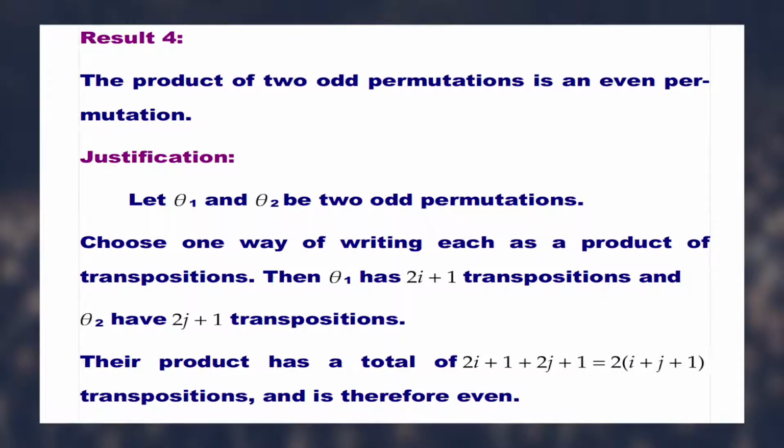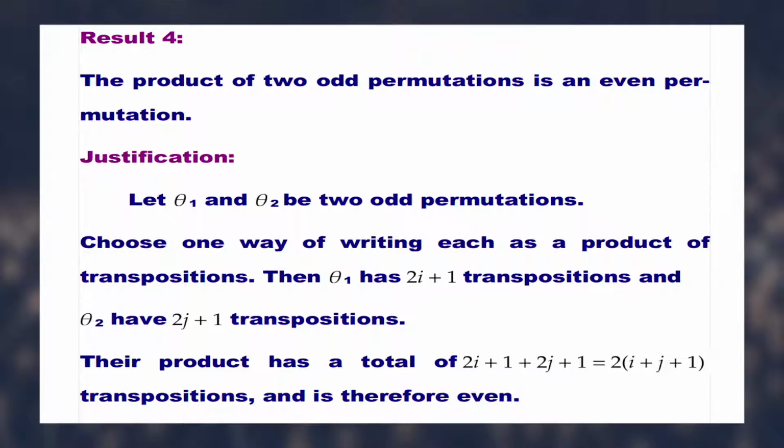Next, we will see the fourth result. The product of two odd permutations is an even permutation. The justification is: let theta 1 and theta 2 be two odd permutations. Choose one way of writing each as a product of transpositions.